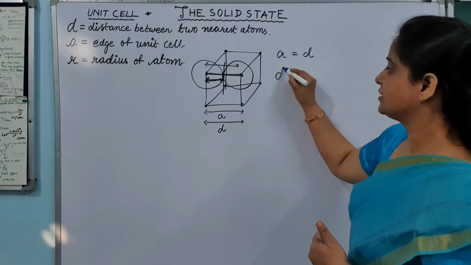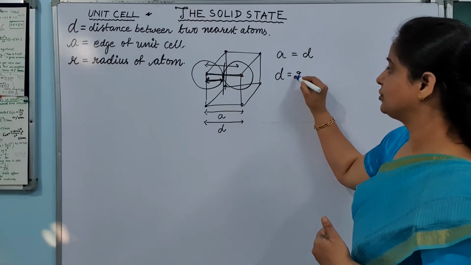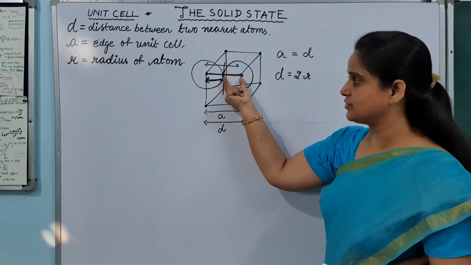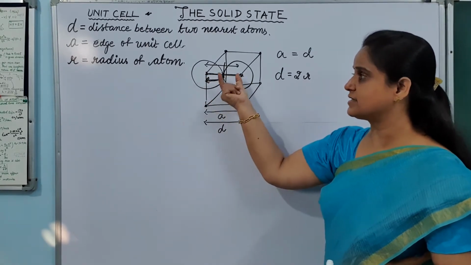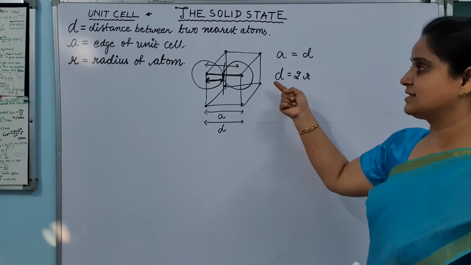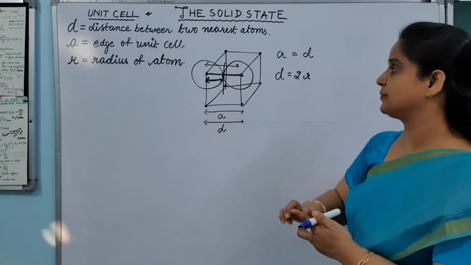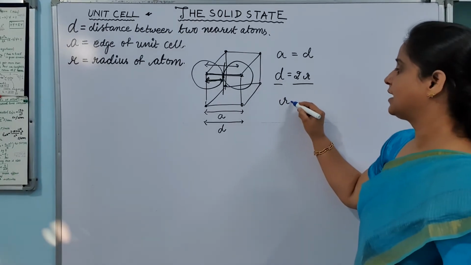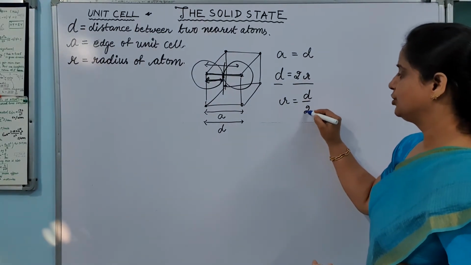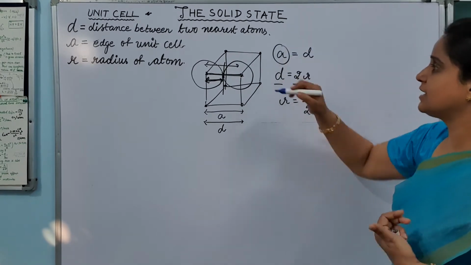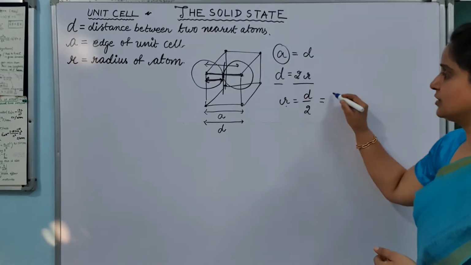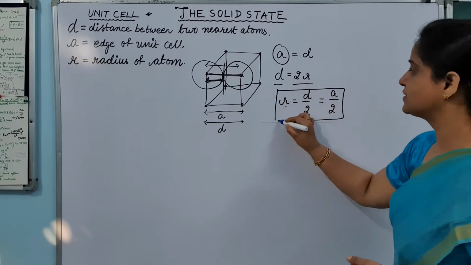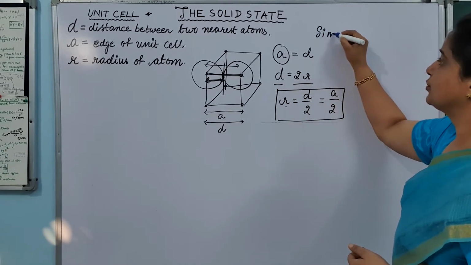D is equal to 2R, because the radius of this atom and the radius of this atom, radius plus radius, combined form the distance between the two nearest atoms. So D is equal to 2R, or I can say R equals D by 2, or just because A and D are the same here, I can write R equals A by 2 for which kind of cell? Simple cubic cell.